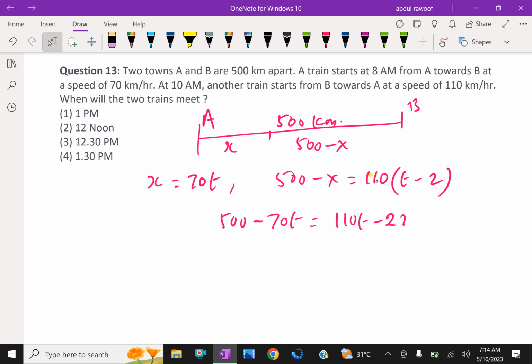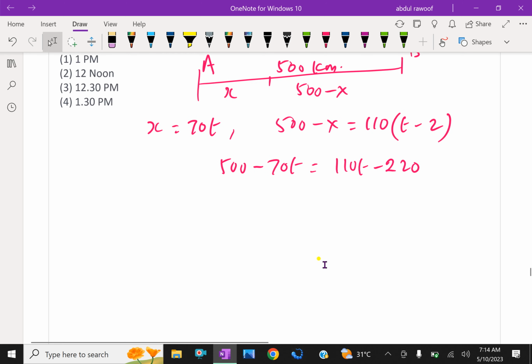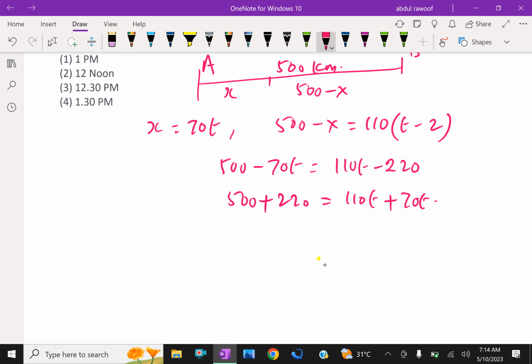110t minus 220. Collecting numbers on one side, that is 500 plus 220 equals 110t plus 70t. That is 720 equals 180t.